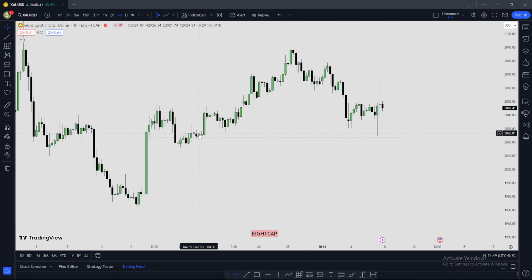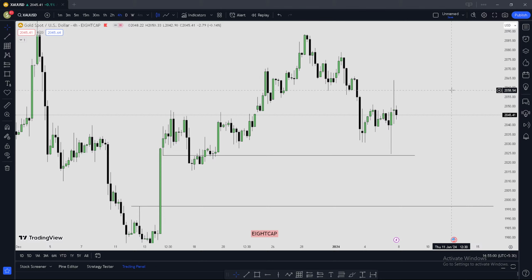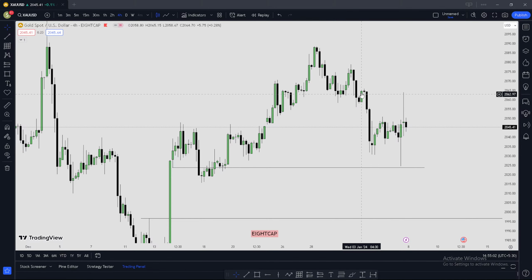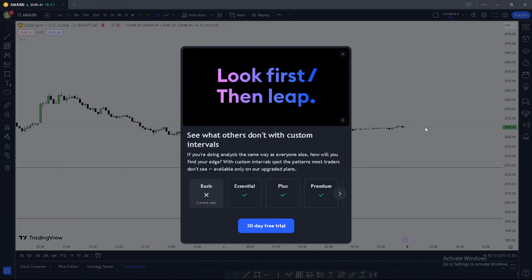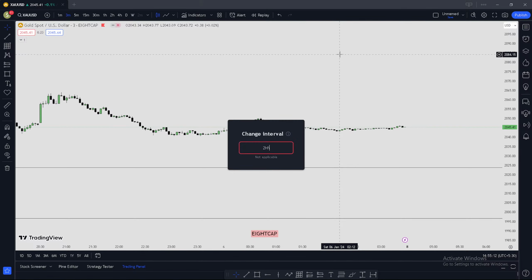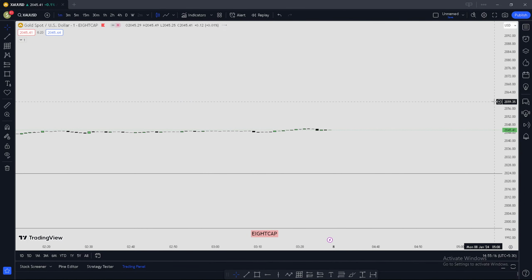Price actually didn't approach the fair value gap here. Okay, but it's still bearish. Why so? Because the low, this order block, this fair value gap actually got respected and could give us a good down move. It rode us down. On 2 hour, if we see 2 hour, good price action.